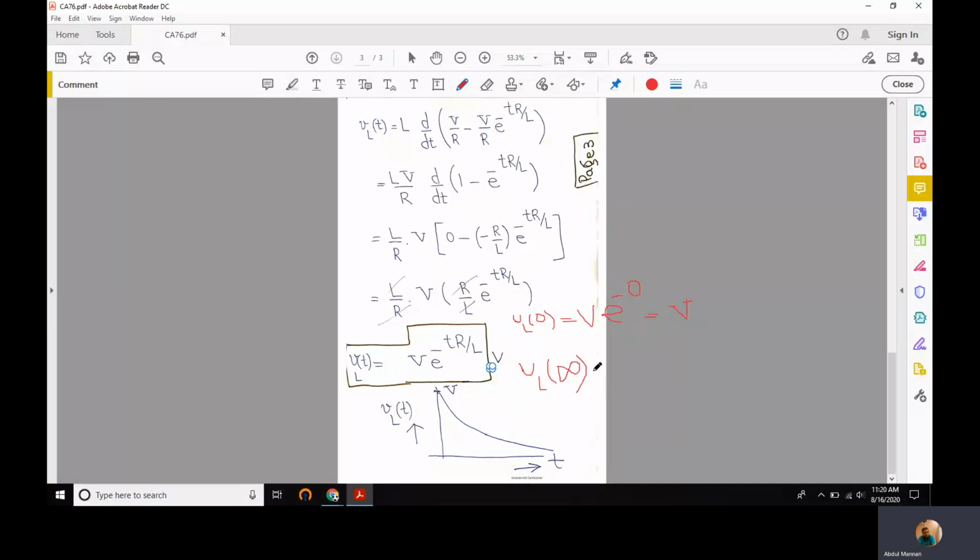What is its value as time is infinity? V e to the minus infinity, and e to the minus infinity is 0, therefore it's 0 volts. So it keeps on decreasing until it becomes 0 as time approaches infinity.